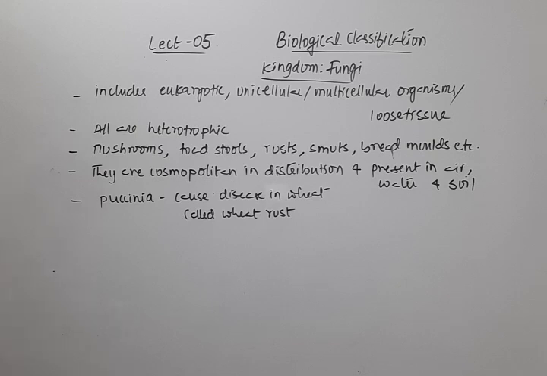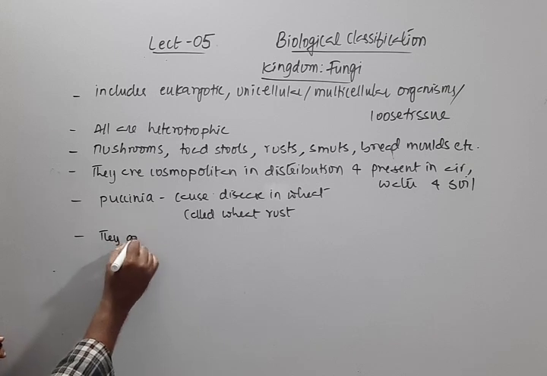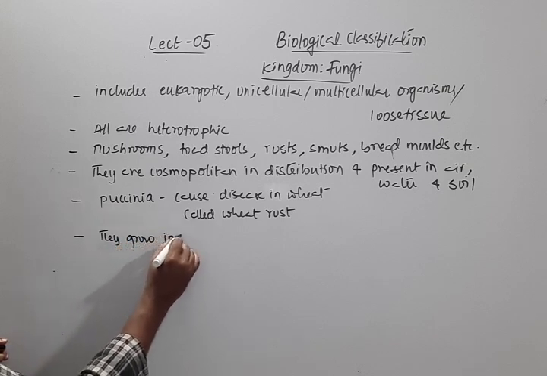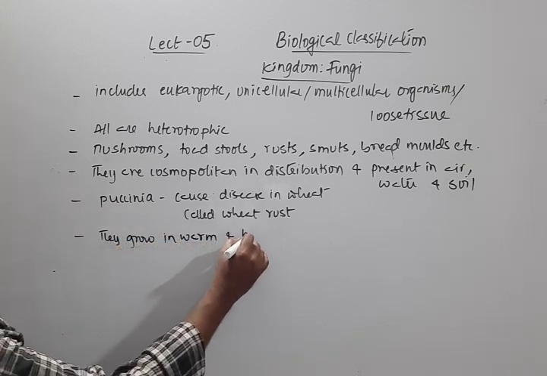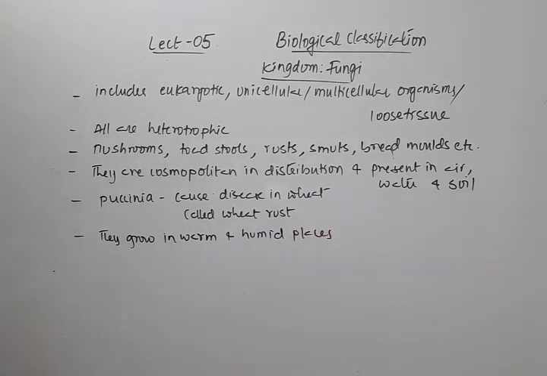Then they prefer to grow in warm and humid places. So the place should not be too hot or too cool. It should be warm, and it should be humid, meaning moisture should be present. In those locations, these fungi will be growing.